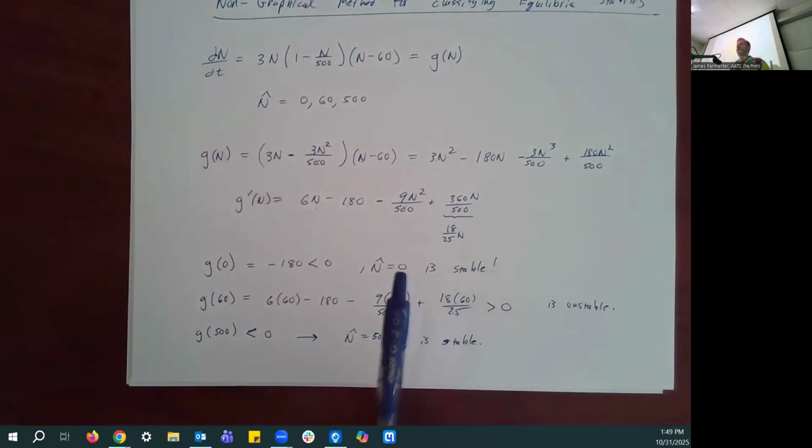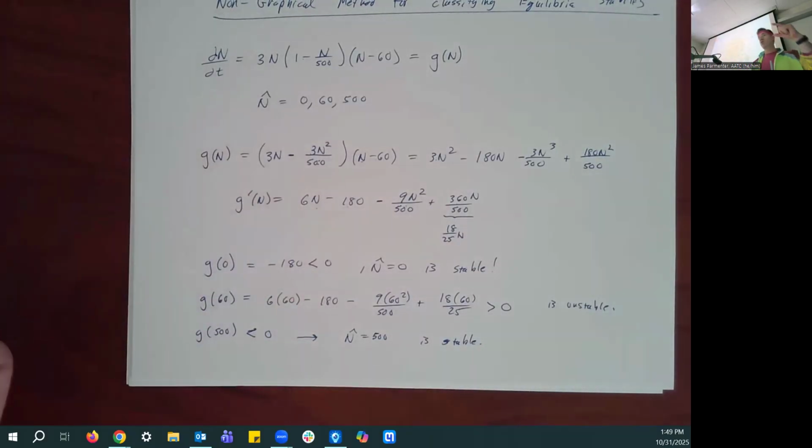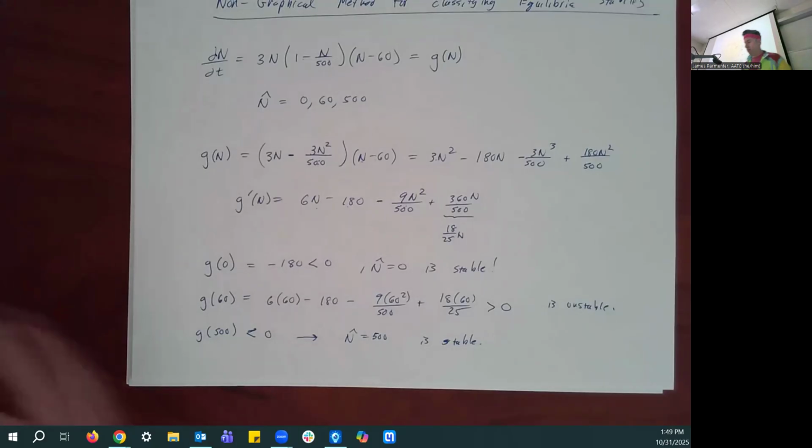I think the graphical method is really great, especially if your differential equation is equal to a polynomial, especially if it's already factored for you. That's a real decent opportunity to use the graphical method. But if you have something that's not a polynomial, it could be less easy to graph.